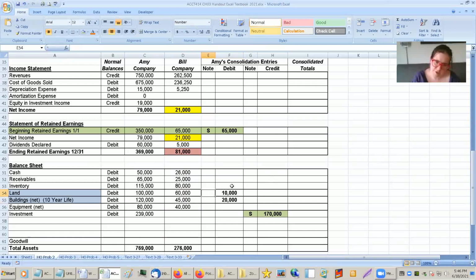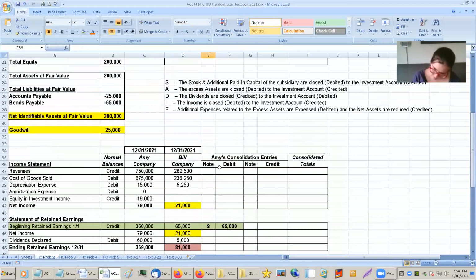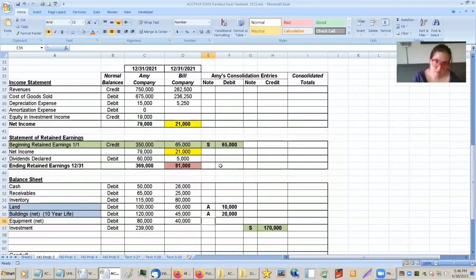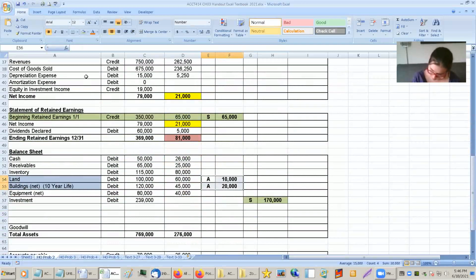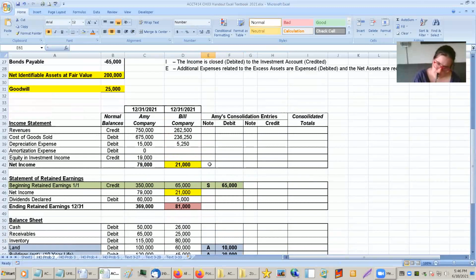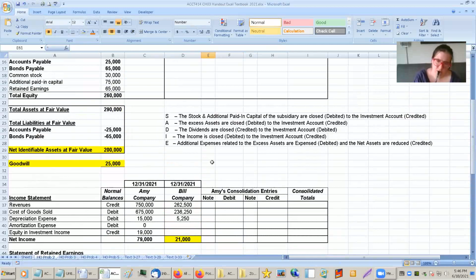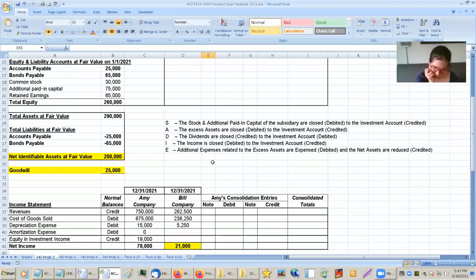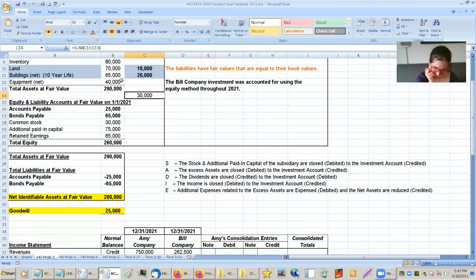And those are assets, right? Yeah. And there's one more asset we need. What's the one more asset?